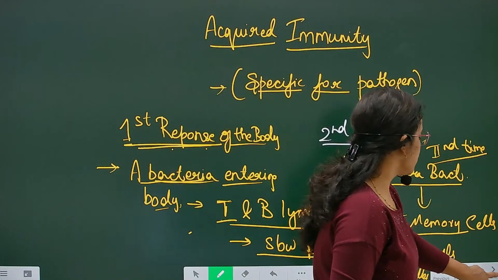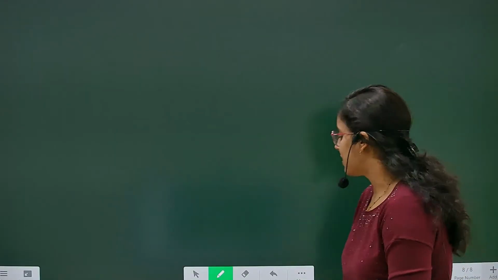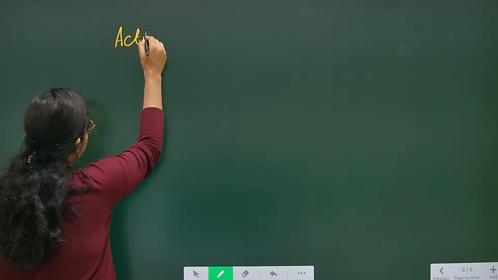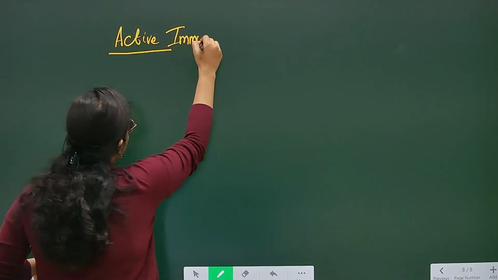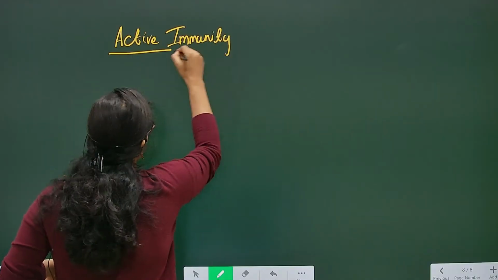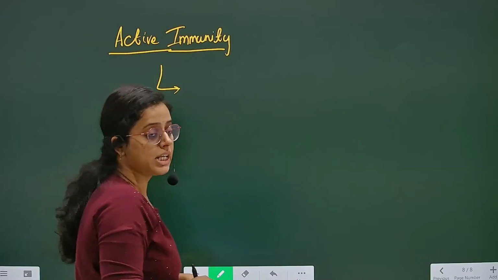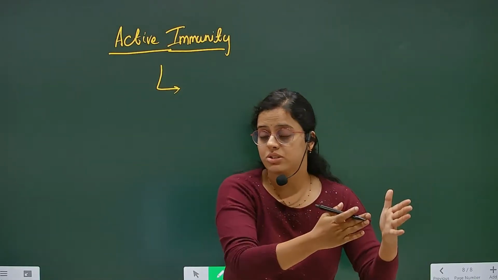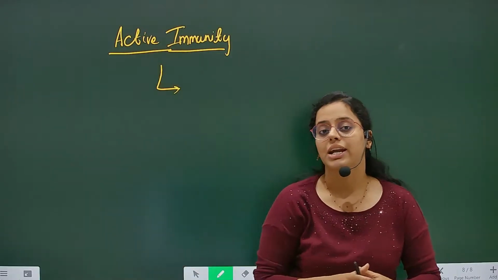Now we are done with vaccination. Let us understand the difference between active immunity and passive immunity. We have learned about acquired immunity. Now we have active immunity and passive immunity. Active immunity: the first response and the second response that we have discussed is called active immunity.